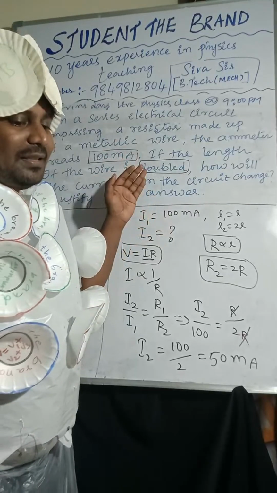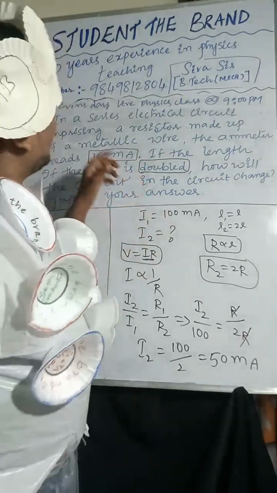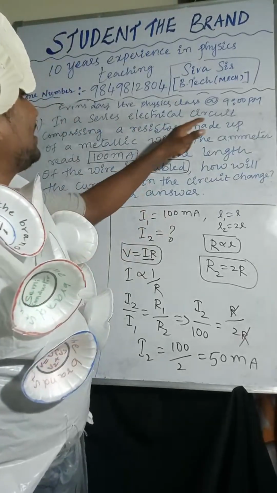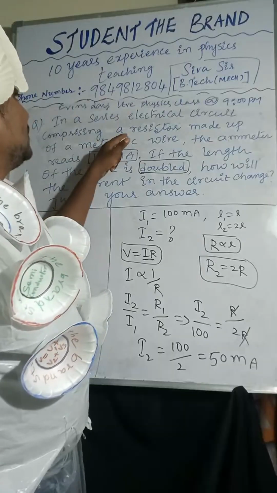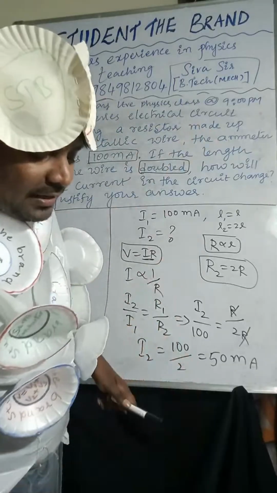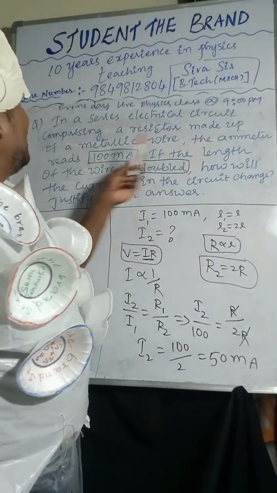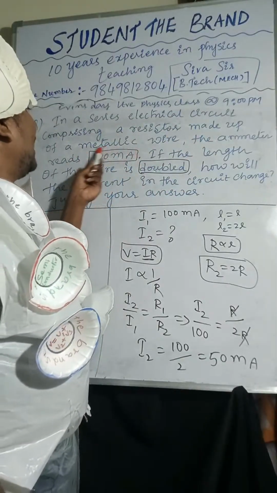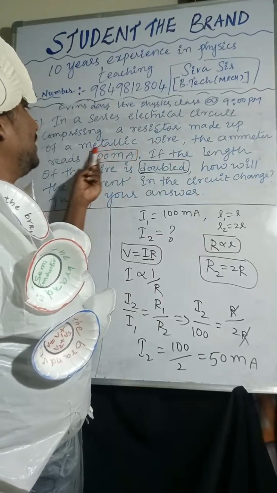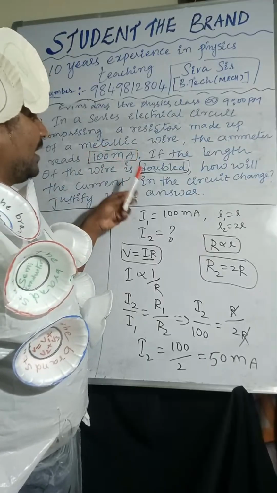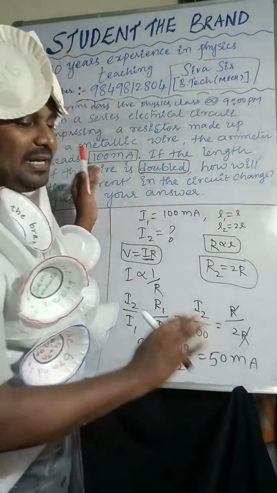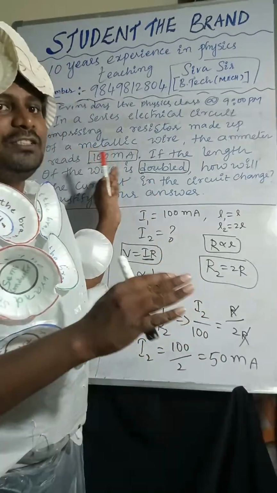So the point is, in a series electrical circuit comprising a resistor made up of metallic wire, the ammeter reads 100 milliampere. Let it be in milliampere only. We are not changing the value.